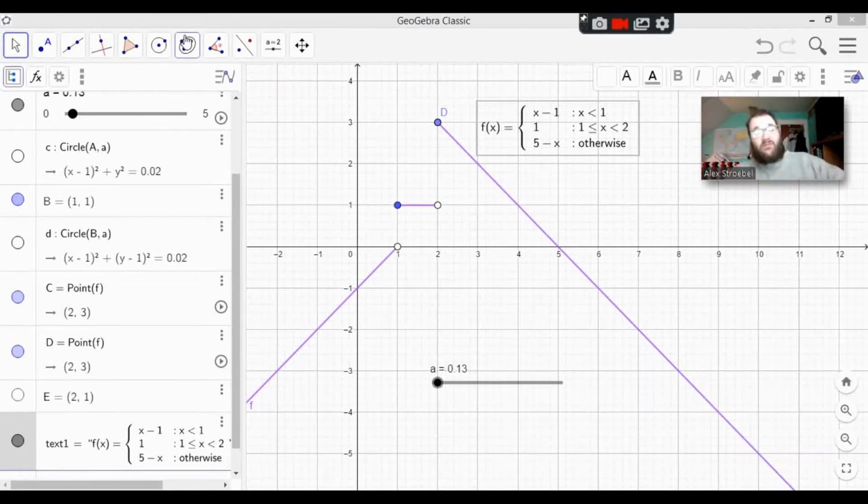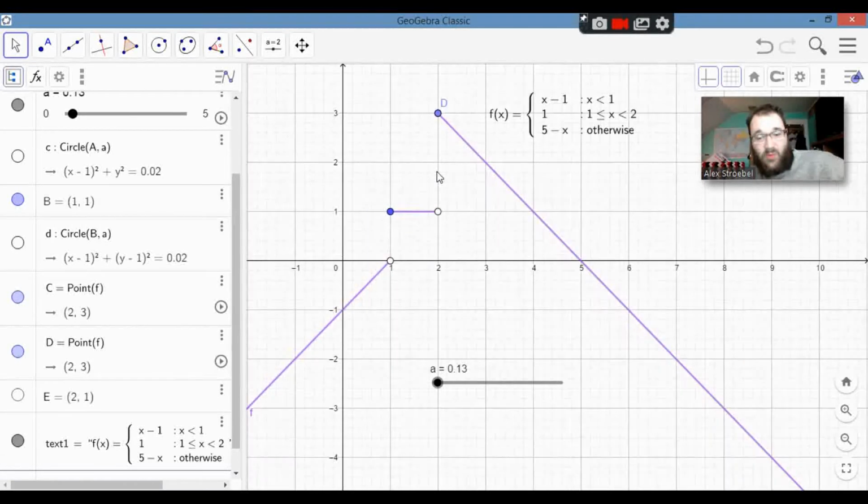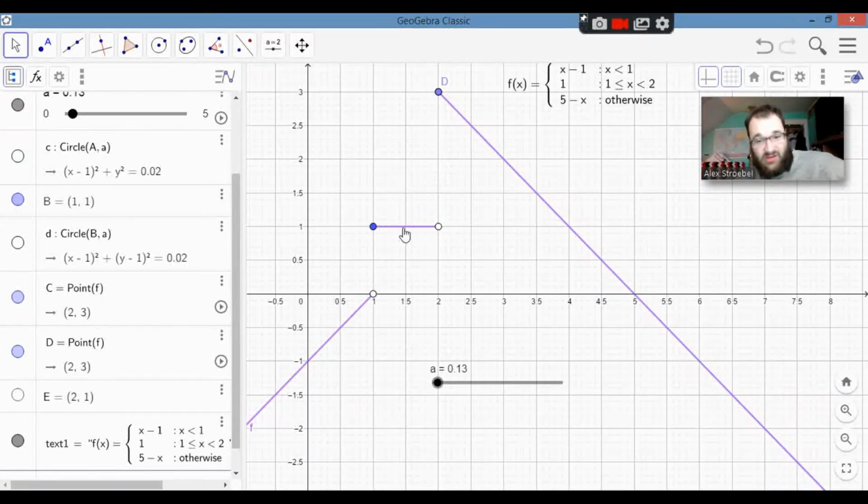So for the limit as, let's say, x approaches 2, we can see that if we were to approach 2 from the left-hand side, it would look like the limit is 1, because it keeps getting closer.